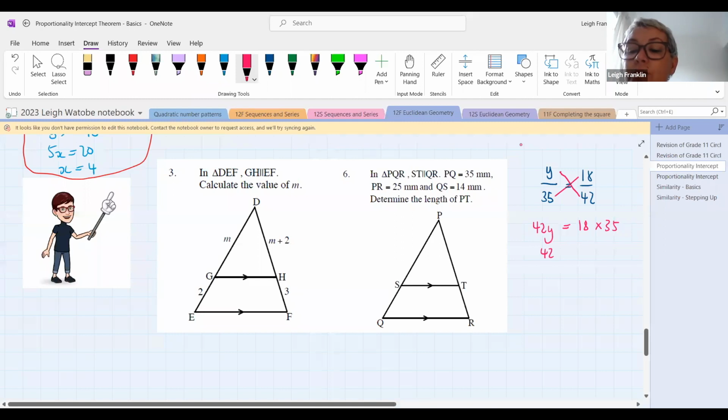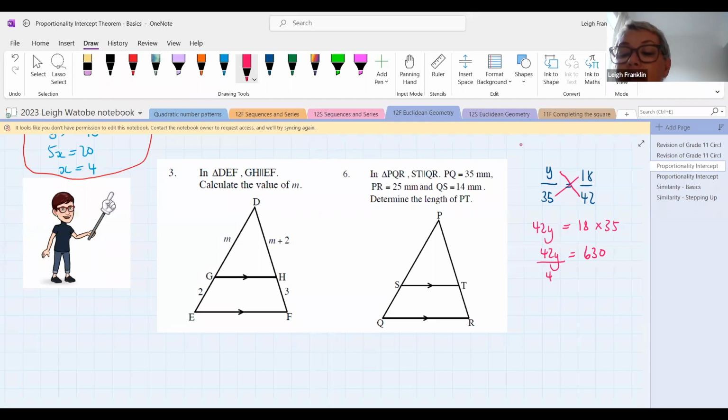That means 42y would be equal to 630. And then we divide both sides by 42 in order to get our y, which was equal to 15. Okay, ma'am, I understand. Thank you. Pleasure.